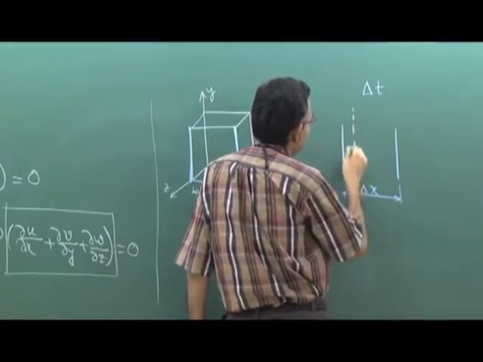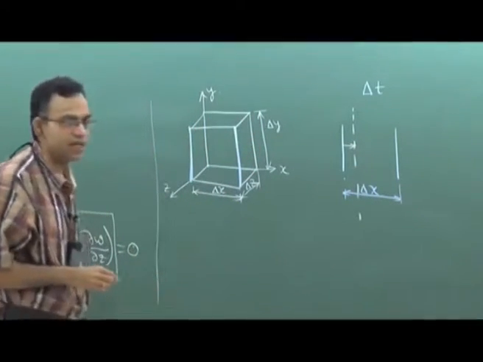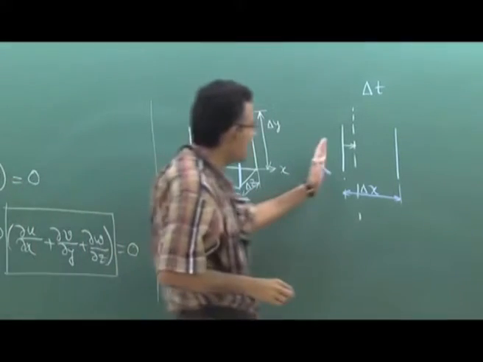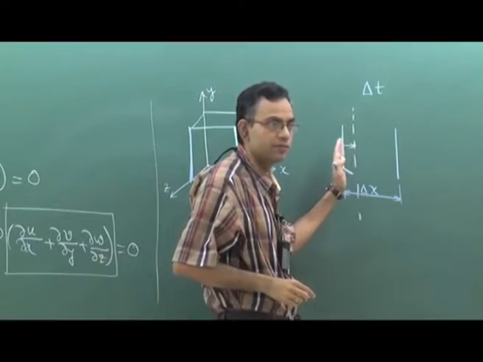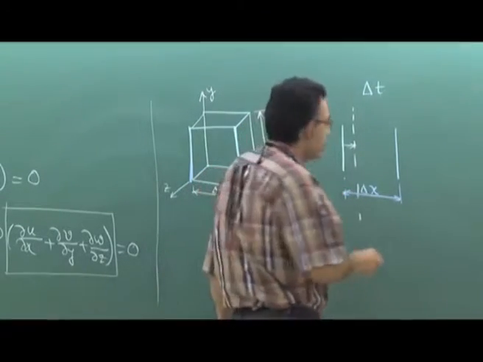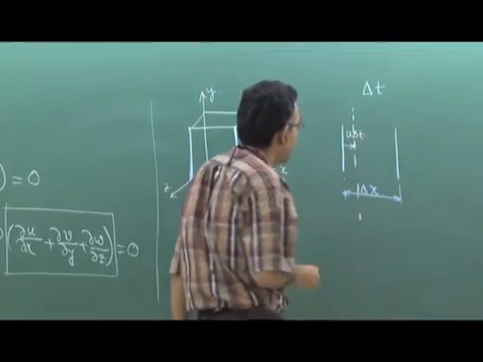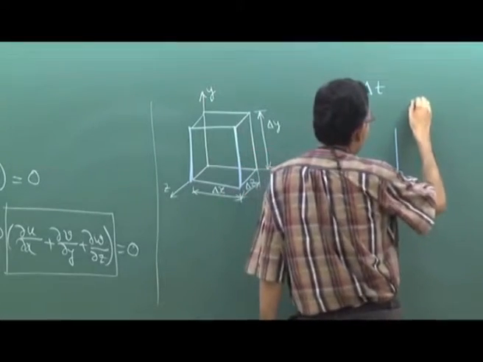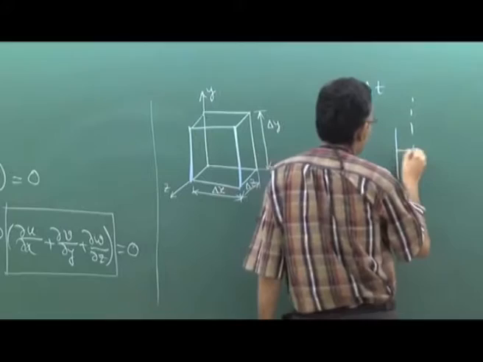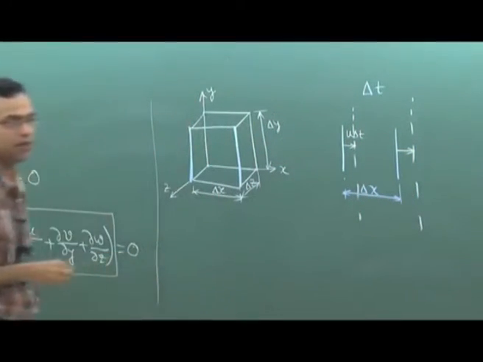this line element will move along x by a distance of what? What is the displacement of this line element? u into delta t, where u is the velocity along x, right. This line element will also be displaced. What is the displacement of that?